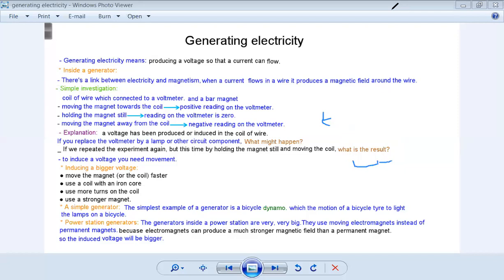Mu'tasim said yes. Sophie said no. Sarah, what's the question? If I'm moving the coil, not the magnet now.